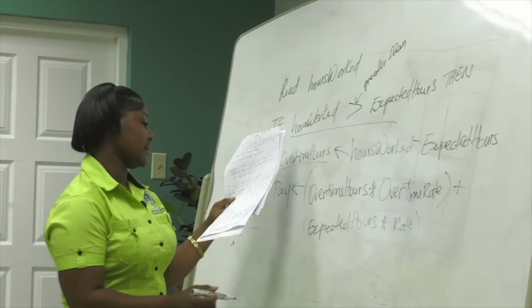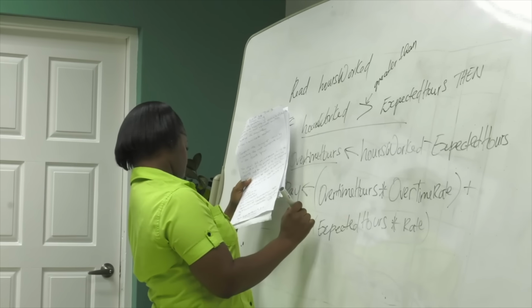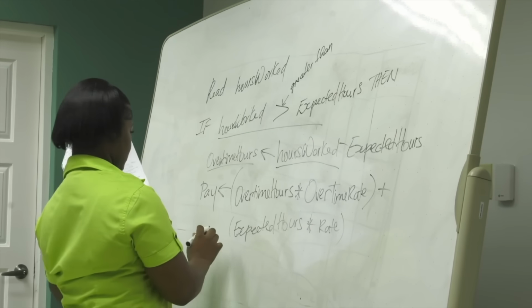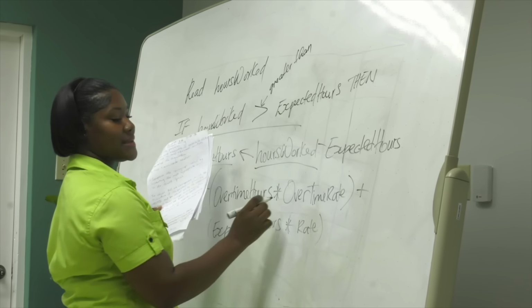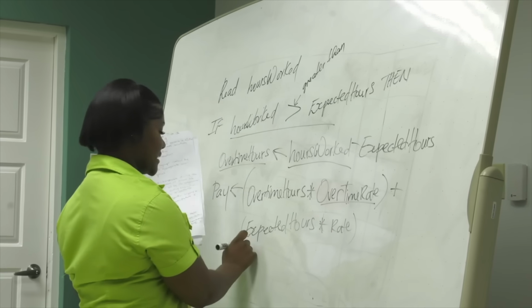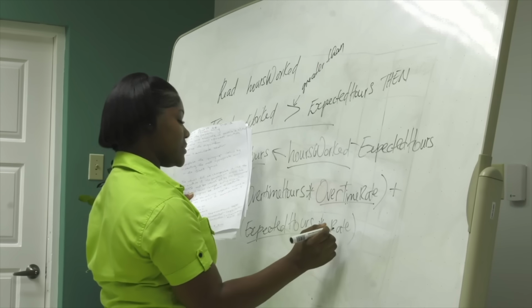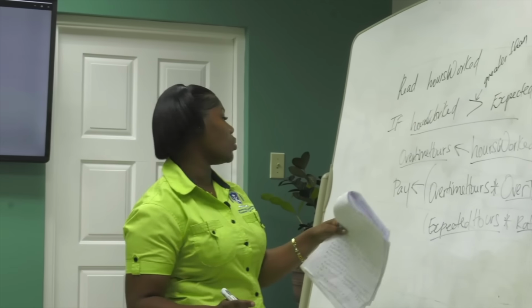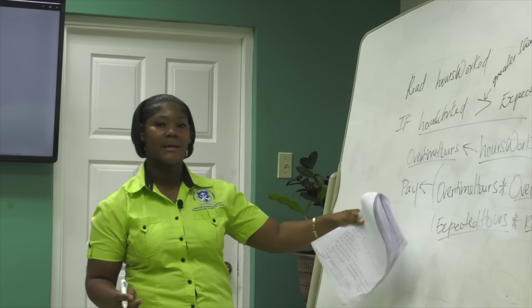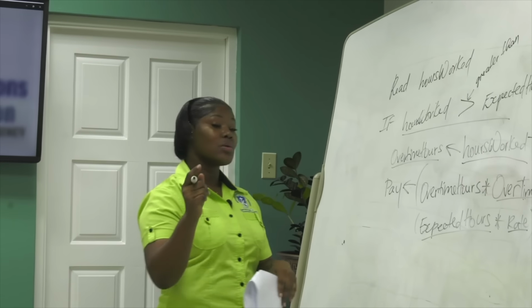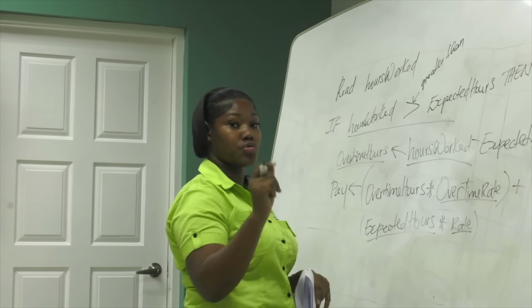So that would be the overtime hours times our overtime rate, and then our expected hours times the regular rate right here. And that is how we would get our pay in addition to the overtime pay that the person would have gotten. So that's only if this condition is true.